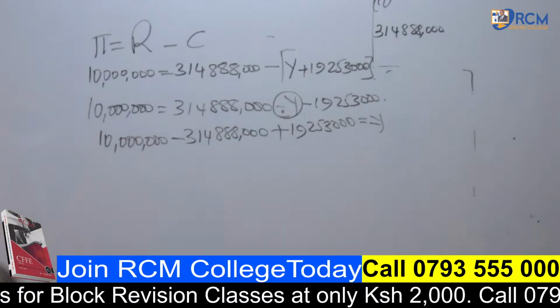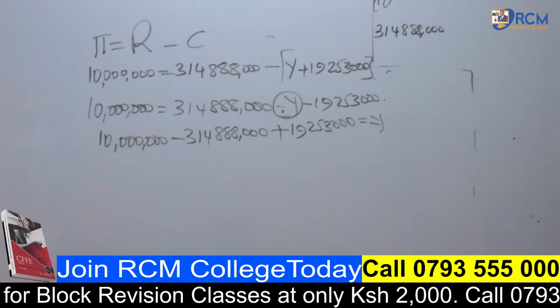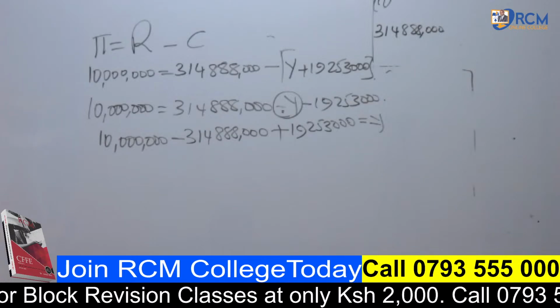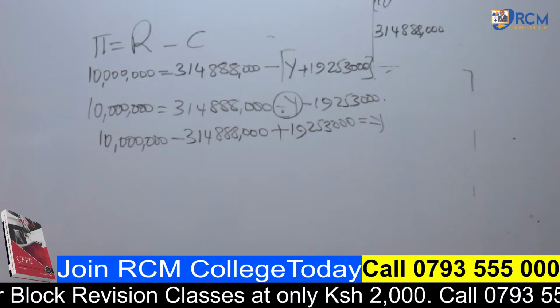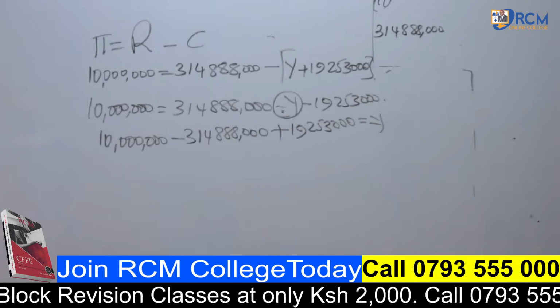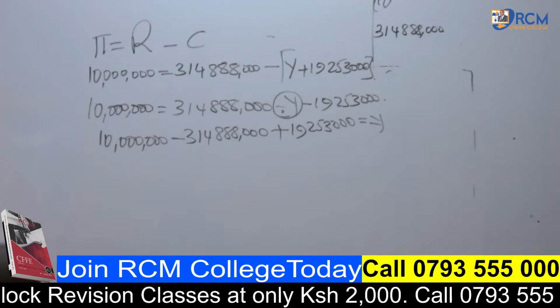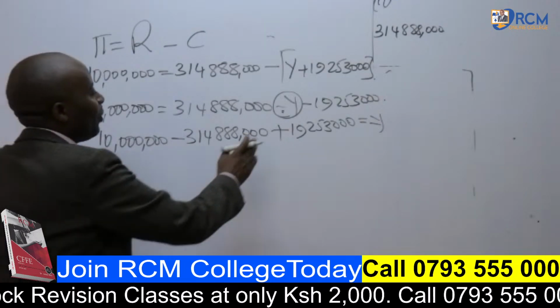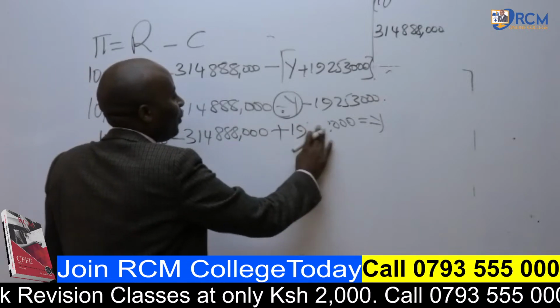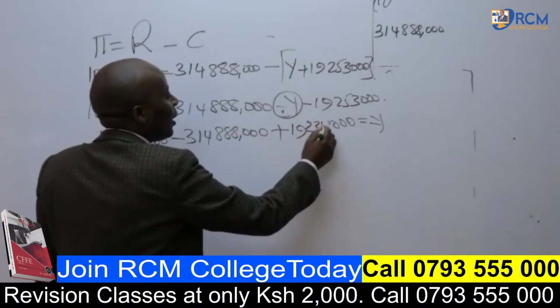So I'm being told that the figure should be 19,235. The figure here, I'm being told should be 19,235. Sorry for that. The figure here should be 19,235,000.